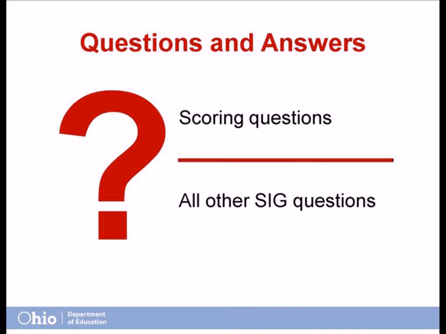At this time, we would like to address any questions that our webinar participants have submitted. Currently, we have one question submitted. The question is, has a Type 1 or a Type 2 question been defined? To answer that, when you look at your scoring rubric, you will notice that some questions offer a score point of 6 and then a score point of 0.